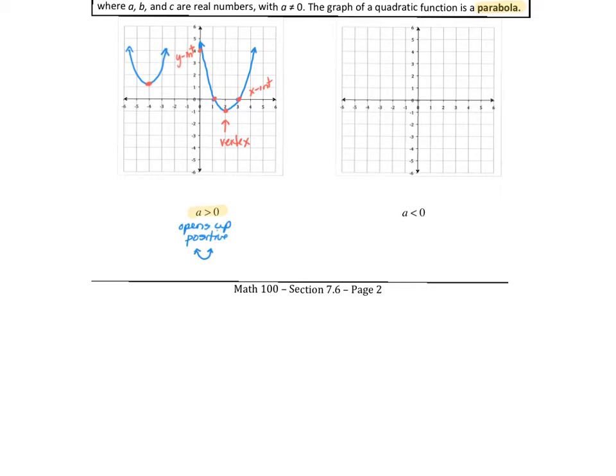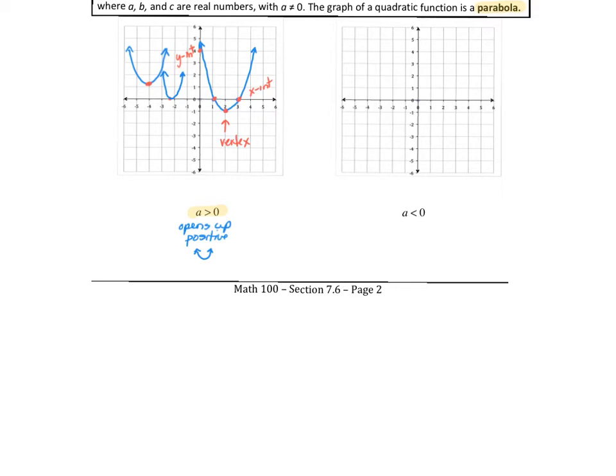It's also possible that you could have just 1 x-intercept, and that would be if the vertex is actually on our axis. So you could have 1 x-intercept, 2 x-intercepts, or no x-intercept in a parabola, but you always have 1 y-intercept.